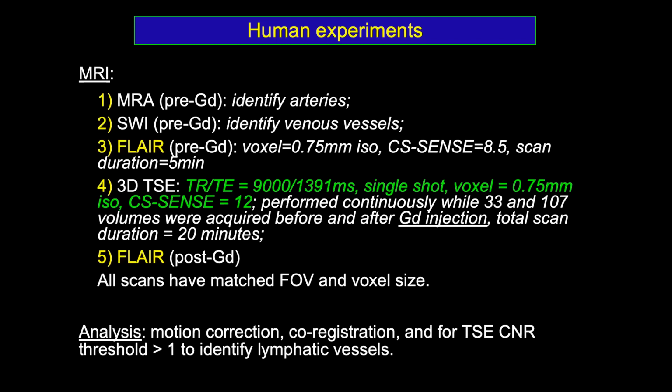We did 140 dynamic scans with GAD injected at the 33rd dynamic scan. For data analysis, we did motion correction for our 3D TSE data and did correlation for other images. And we use CNR larger than 1 as threshold to filter out the noise region in our 3D TSE data.